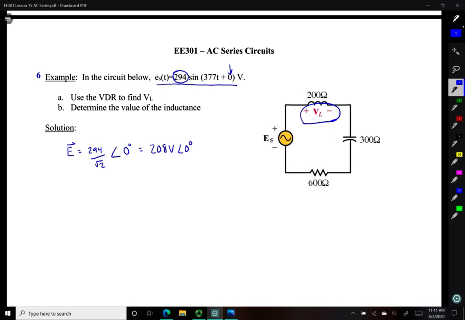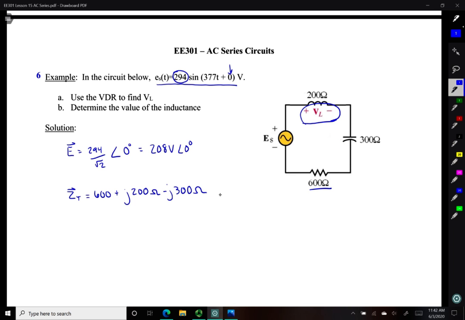Alright, so next step is to create our equivalent series impedance, which is just the vector sum of all the series impedances. So we have 600 for our resistor, and then we have a positive j200 for our inductor, and a minus j300 for our capacitor.